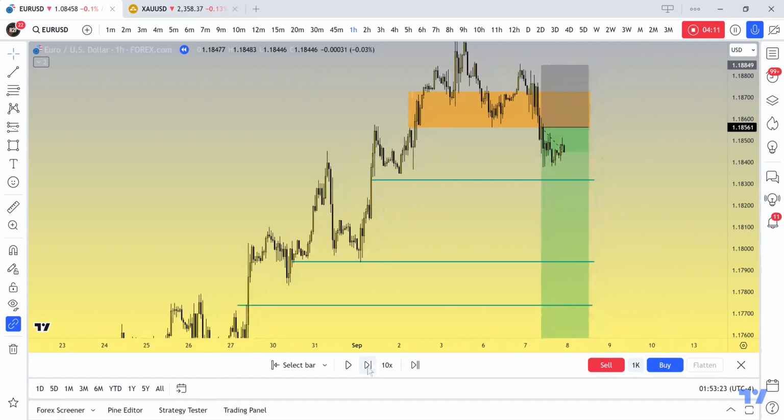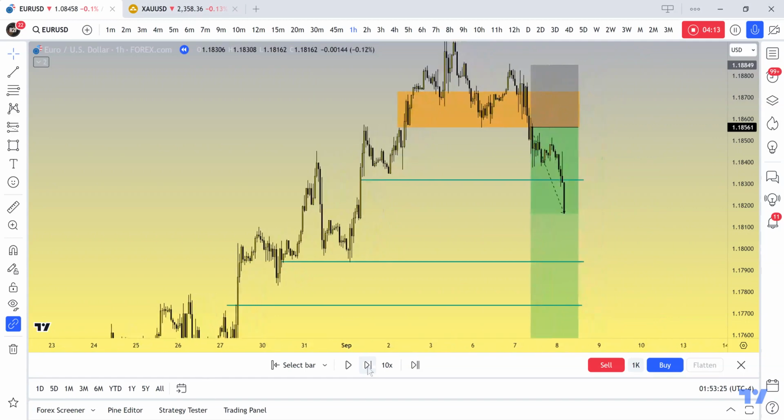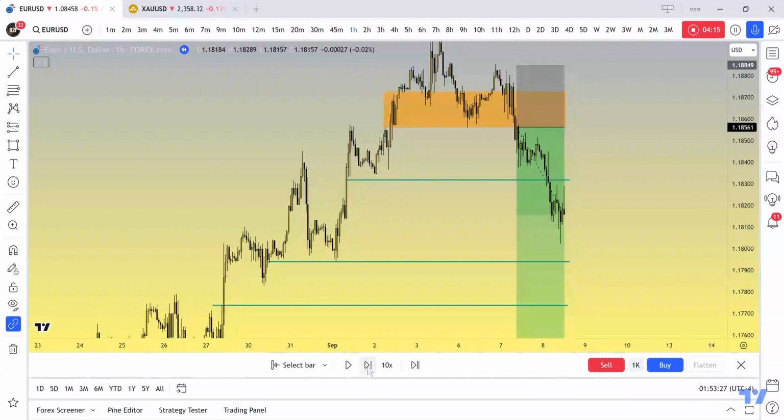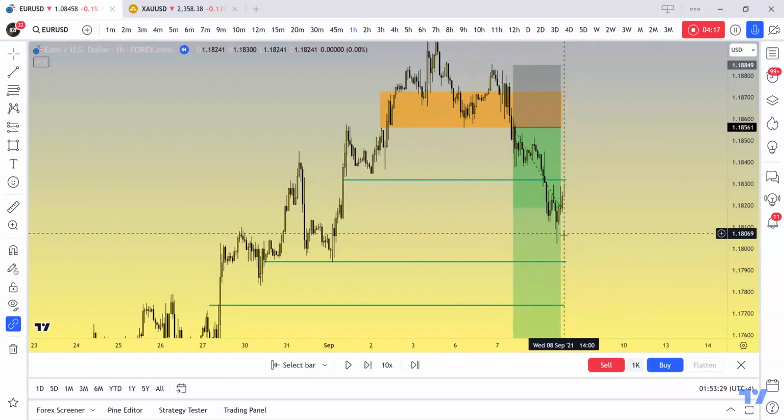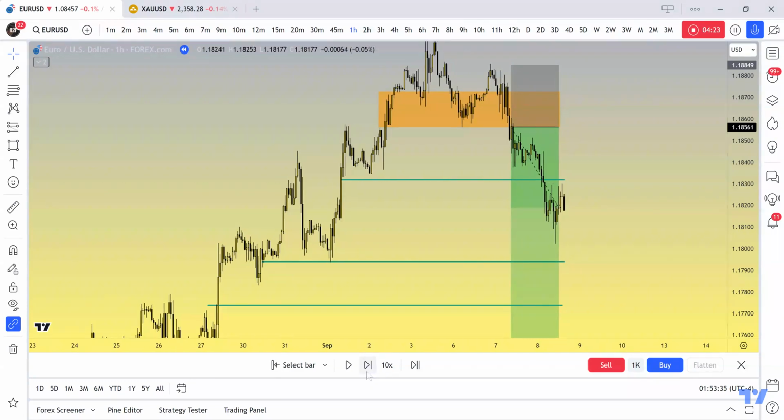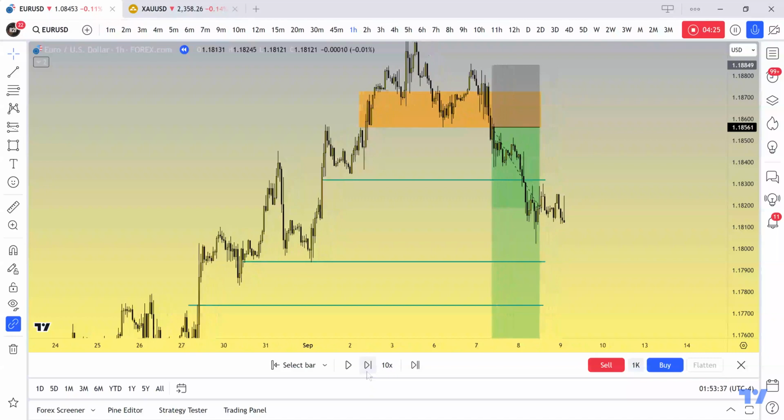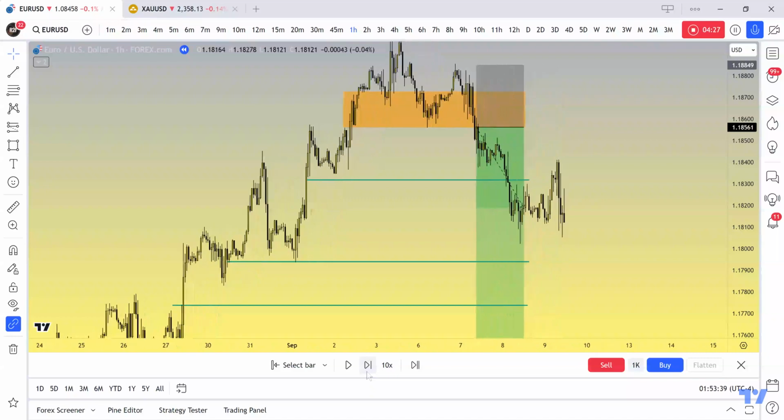Okay, I'm just going to fast forward. Let's see if we get out. Okay, first target hit. Came into this gap down here. I'm not going to go to higher time frames, although I could. But actually, let's see what happens. We make another low. Some time distortion.